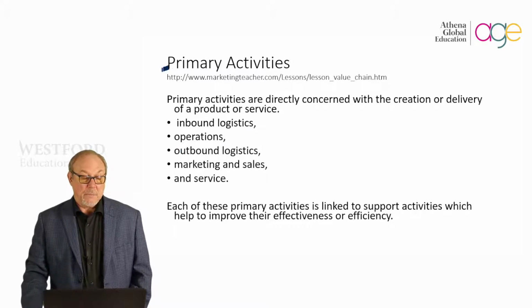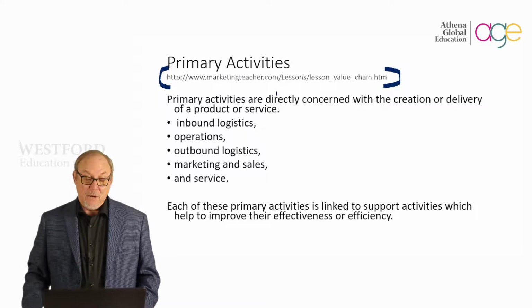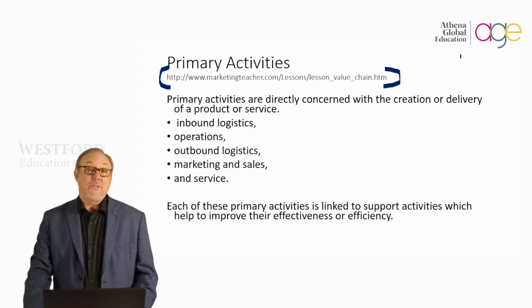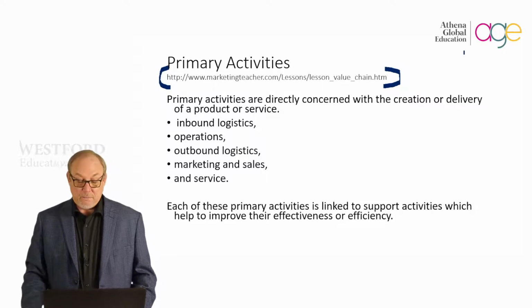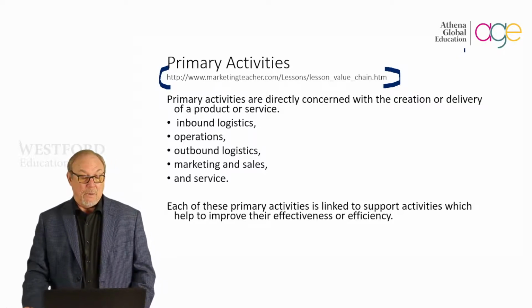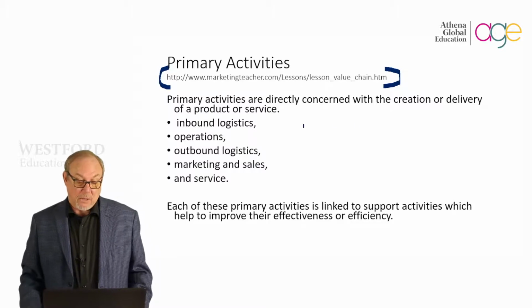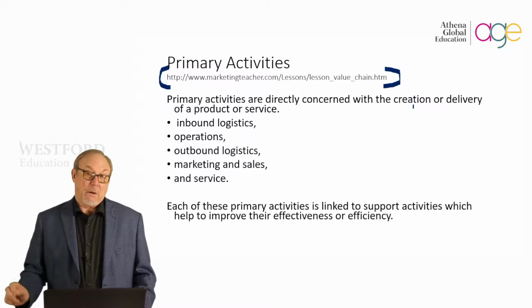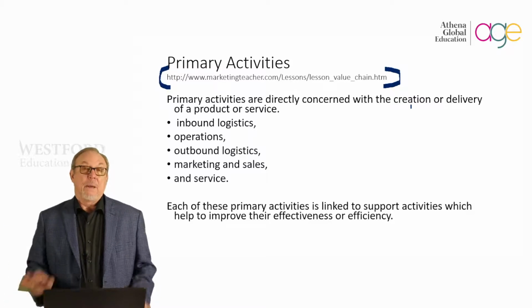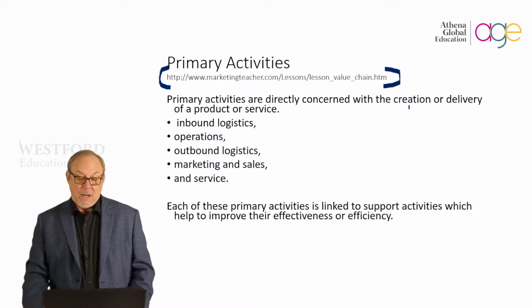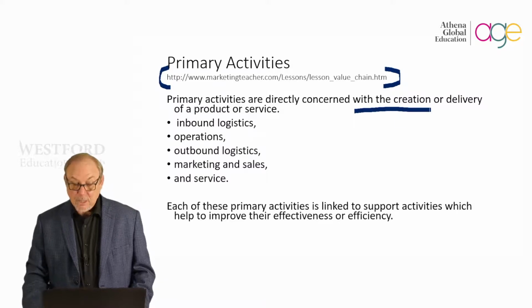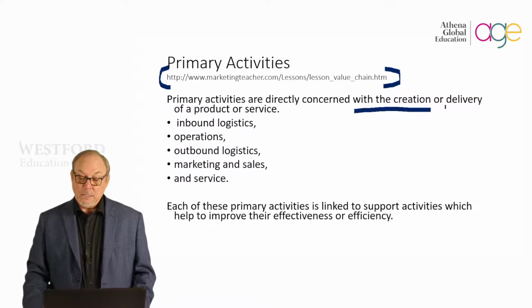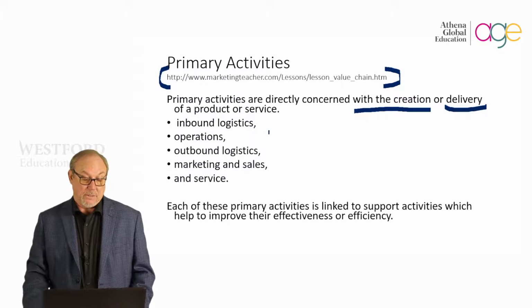Okay. The primary activities. I would strongly recommend that you grab this address and read this lesson on value chains. It's a wonderful little piece and wonderful little resource. To summarize it, primary activities are concerned with the creation of a product or service or the delivery of a product or service.